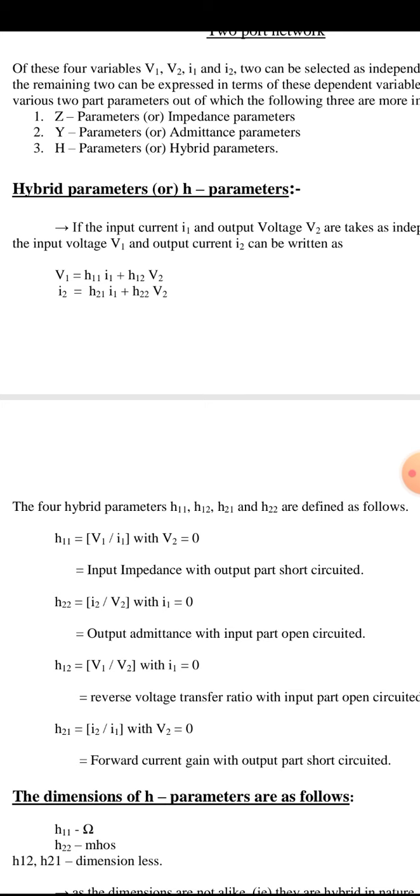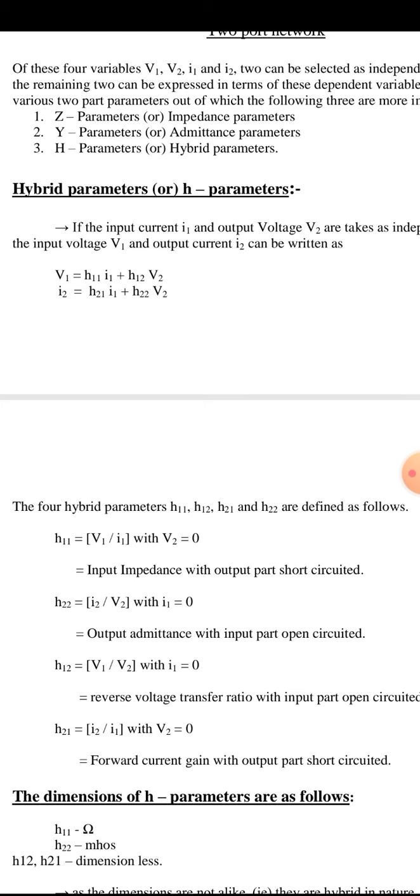Then the next parameter H12. H12 is also called the reverse voltage transfer ratio. For the calculation of the reverse voltage transfer ratio, again the input side of the circuit is open, meaning I1 is equal to 0, and H12 is equal to V1 upon V2.